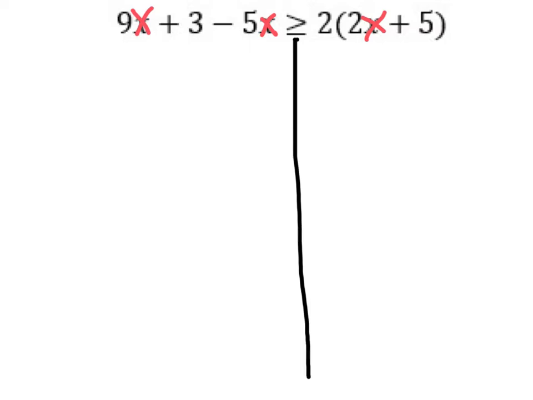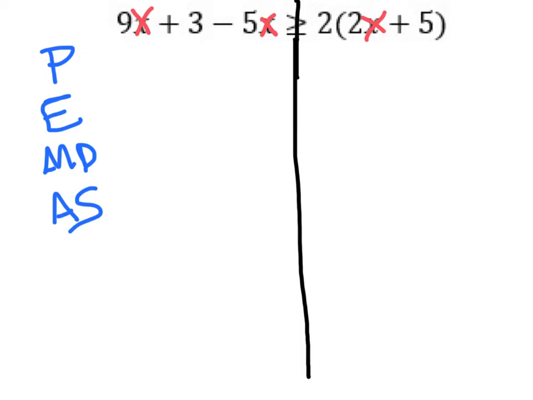Now I need to simplify, and I have to remember that each side is simplified separately. So I'll start with the left-hand side. To simplify, I'm going to follow the order of operations. I have no parentheses on this side, though I do on the other side.